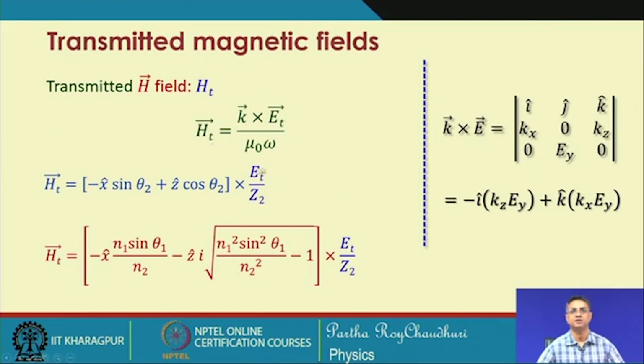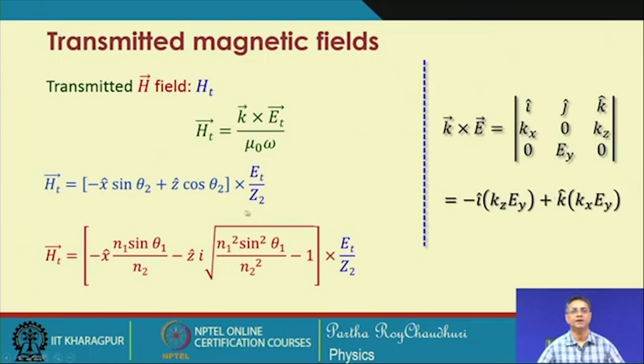Magnetic fields we have seen are related in this way. This also we have seen: kx, Ey and kz, Ey are the only surviving quantities, which will give you the z component.